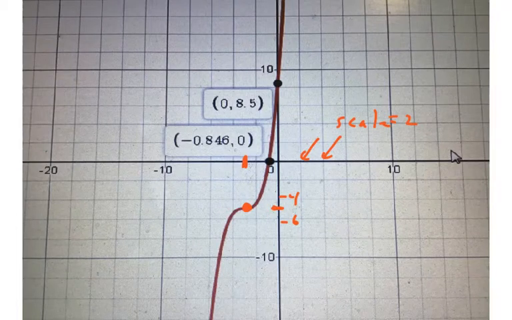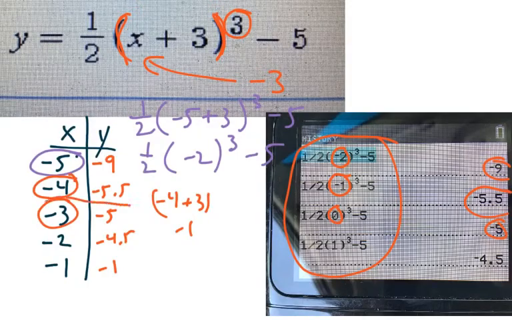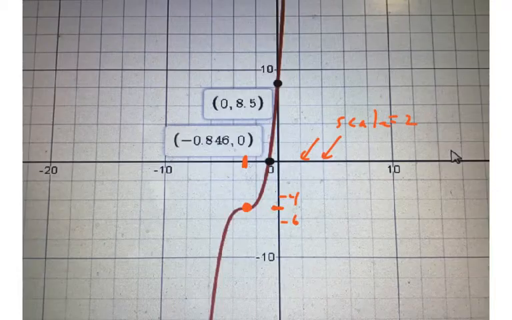It's (-3, -5), as shown in my table. Okay? And again, let's just verify one more point. Let's find (-2, -4.5). Well, -2 would be right there. Follow the purple. -4.5 would be about right there, a little bit below the -4.